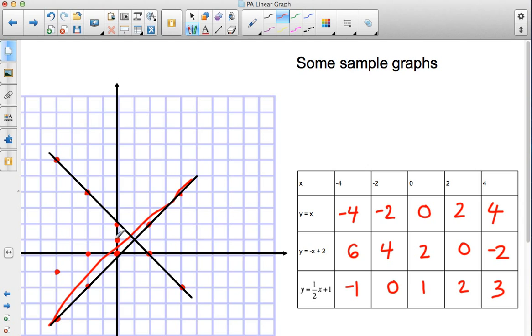At x is 2, y is 2. Oh, look at that, we share a common point. And at x is 4, y is 3. So now when I go ahead and draw a line through those, I get this line.